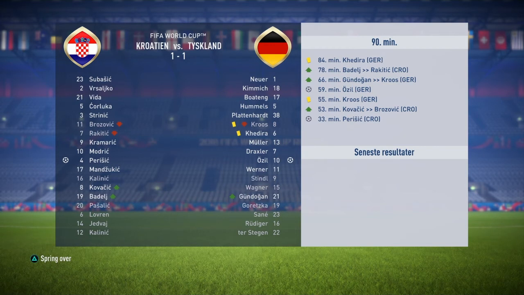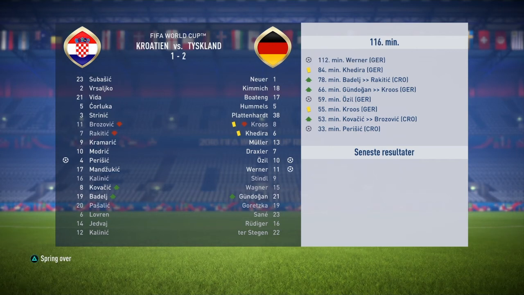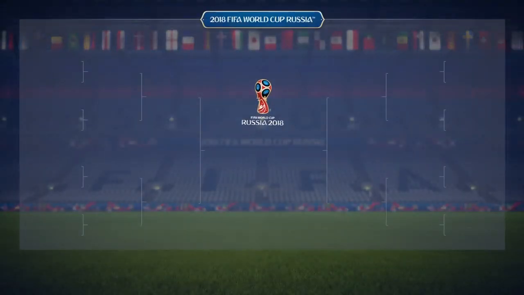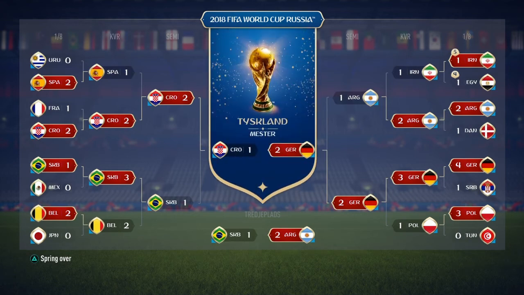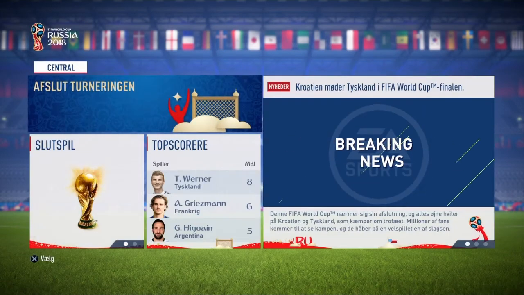I think it will. We're in extra time now. What will happen? We're still 1-1. Oh, this is a nail biter. And Timo Werner scores a goal, and Germany wins the World Cup. Again, back-to-back World Cup champions, Germany. So yes, that was it for the World Cup.